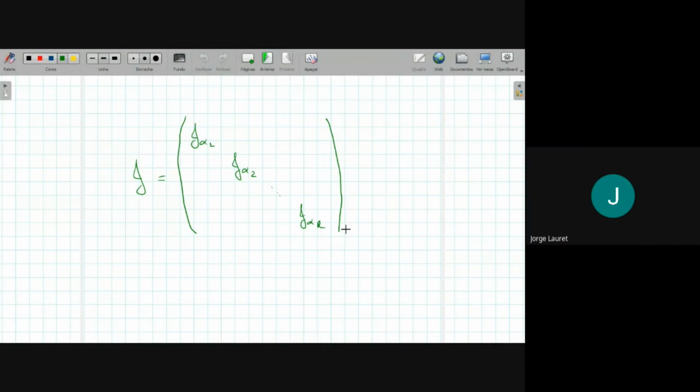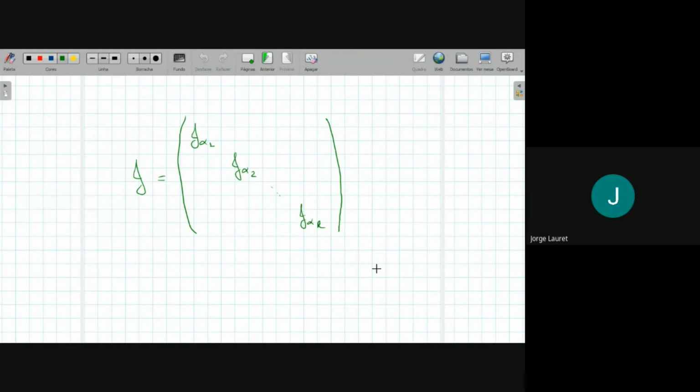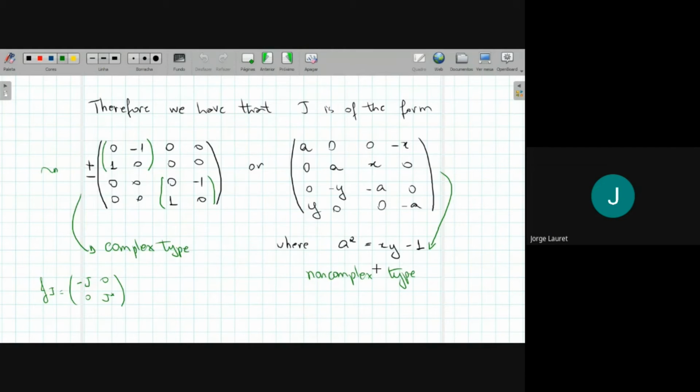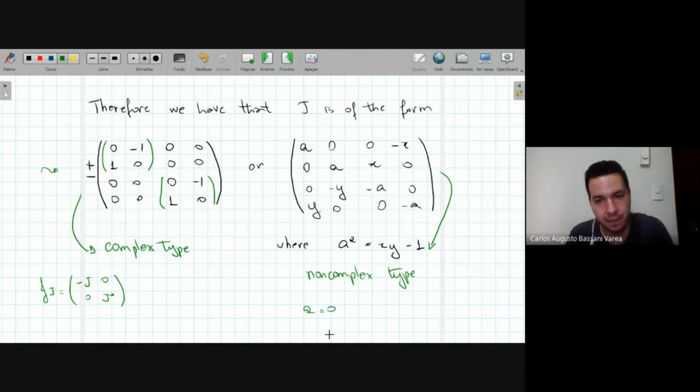arbitrarily. Carlos, may I ask you something? Yes, sure. Can you show the forms of the possibilities? What would be the symplectic type? Yes, the symplectic type occurs exactly when A is equal to 0 in this non-complex type. When A is equal to 0, we recover that form. The example of the first lecture was, if I'm not wrong with the signs, like this.